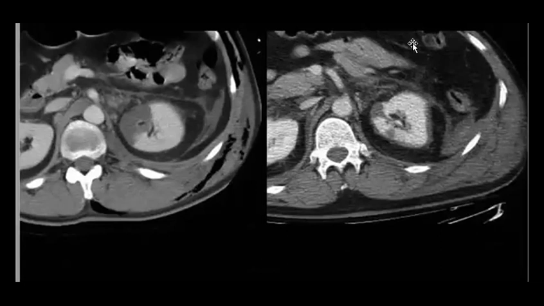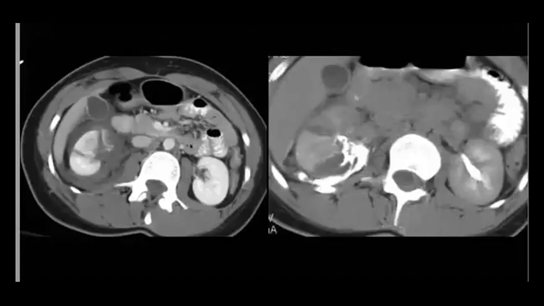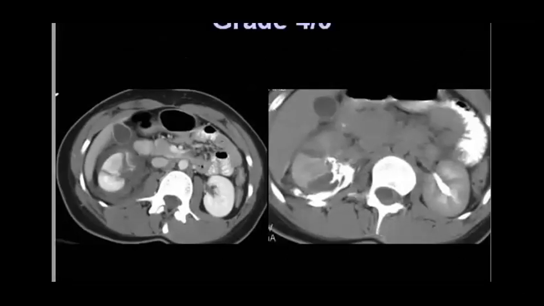Yes, still not involving the collecting system. And finally, this is what is called grade 5, when you have laceration extending to the collecting system, the pelvis. Yes, involving the collecting system. You can see it in the excretory phase. So this one was good.